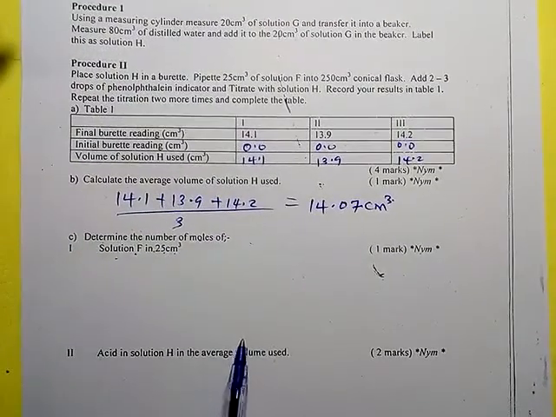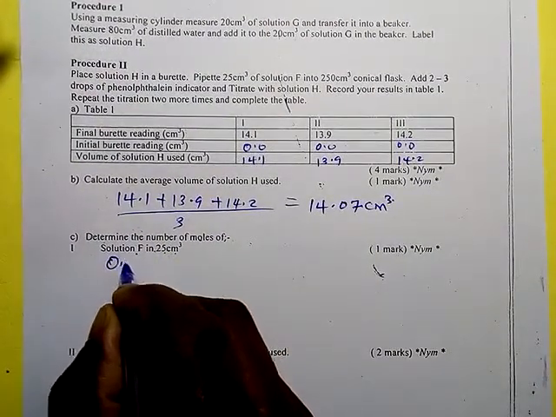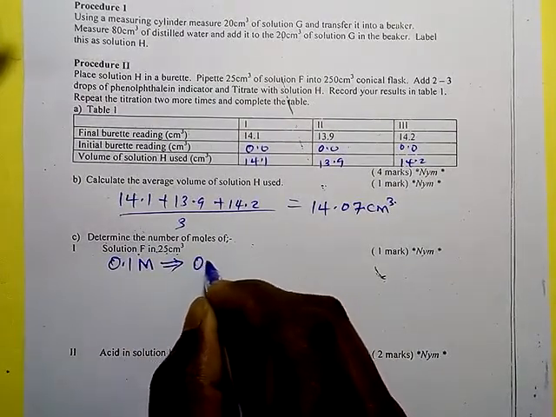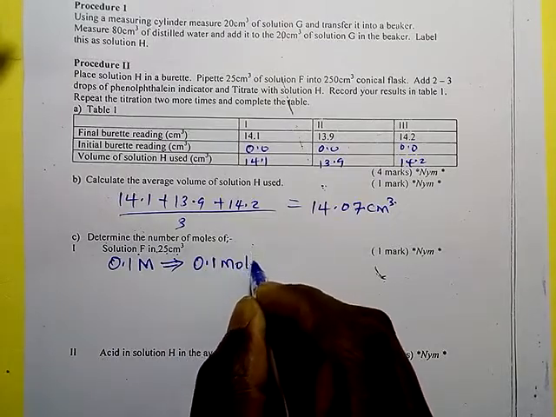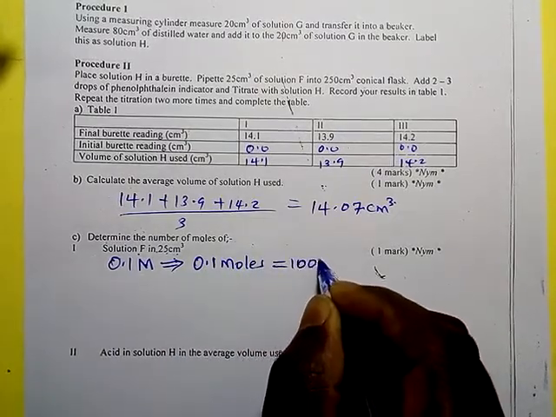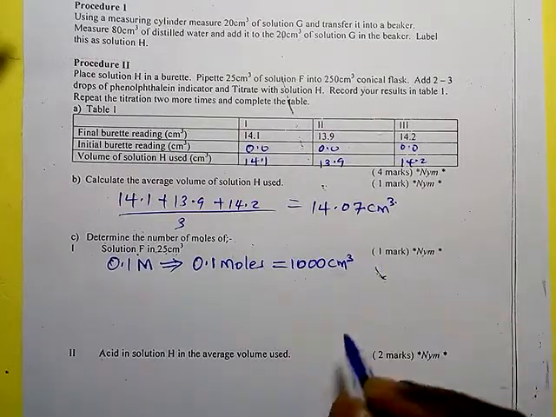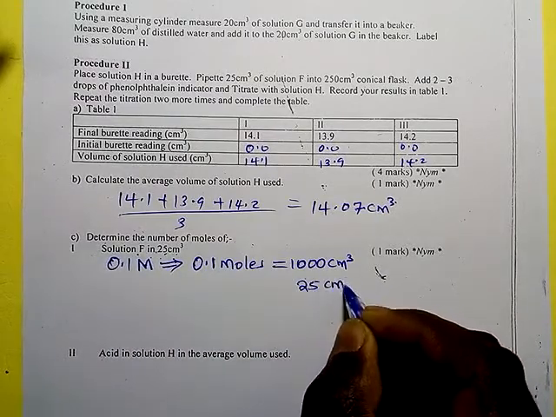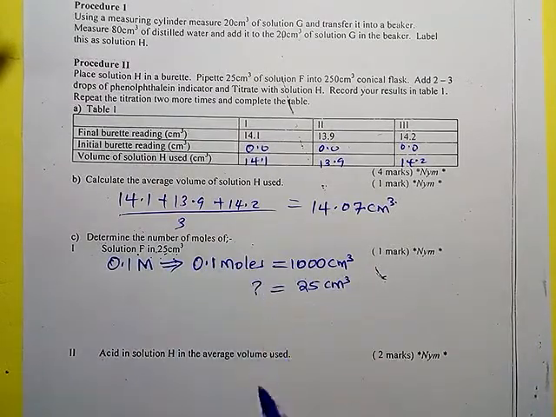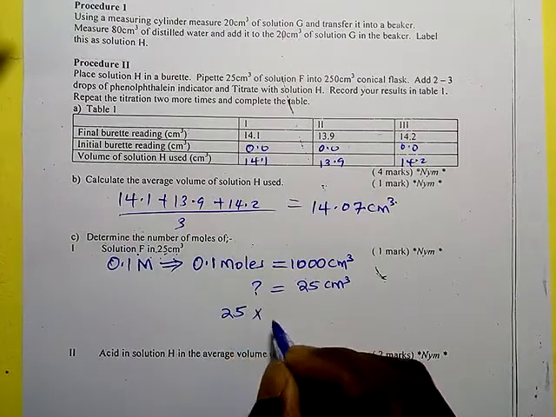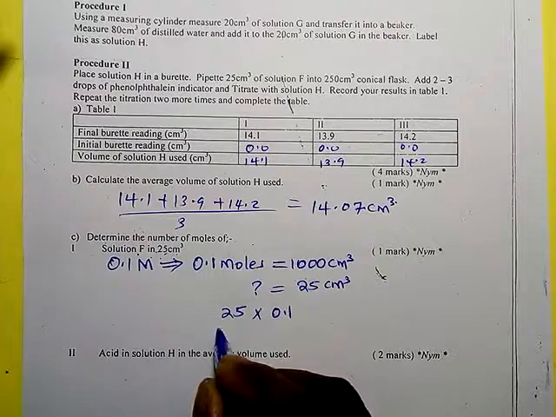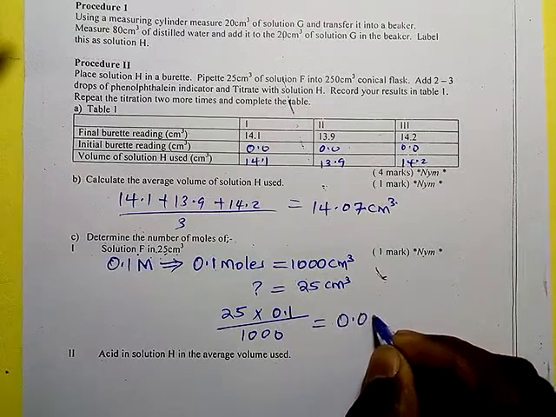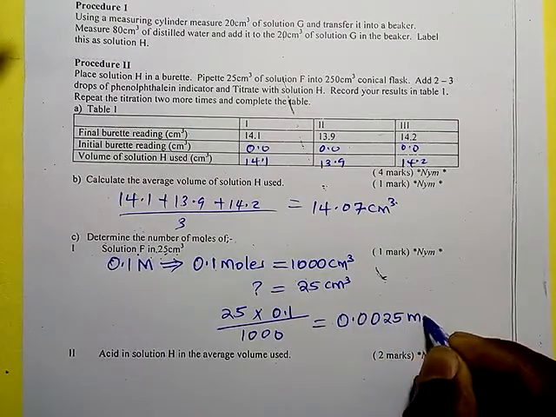So 0.1 M means that 0.1 is the number of moles which are contained in 1000 centimeters cube of solution F. So what will 25 centimeters cube of solution F contain? It is 25 times 0.1 divided by 1000, which will give you 0.0025 moles.